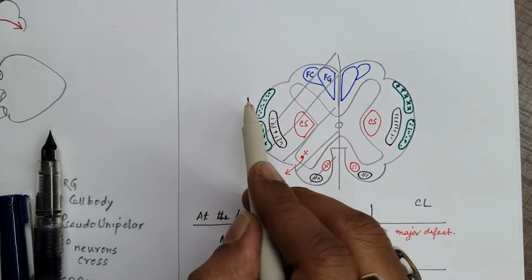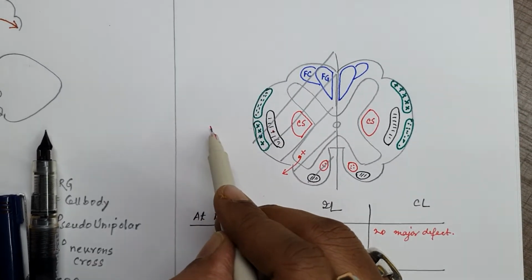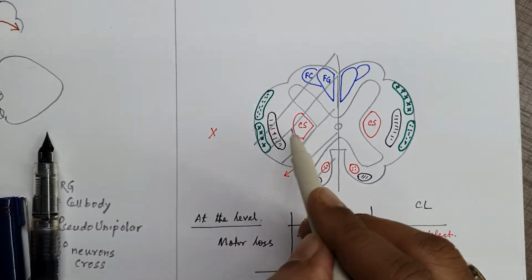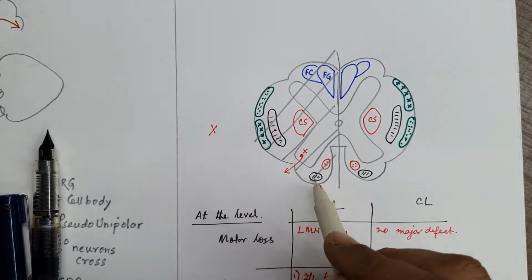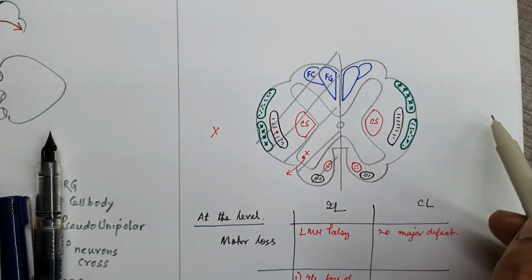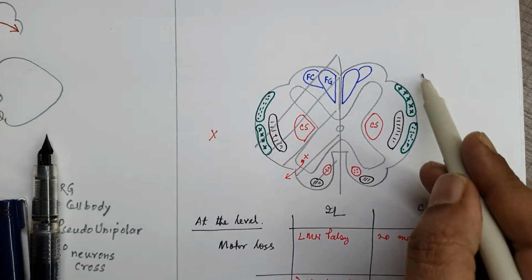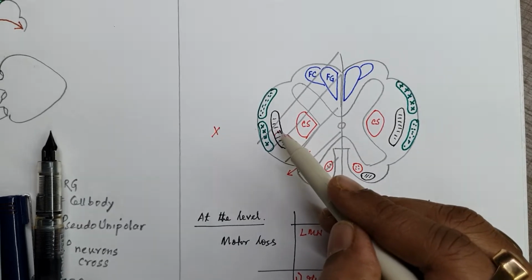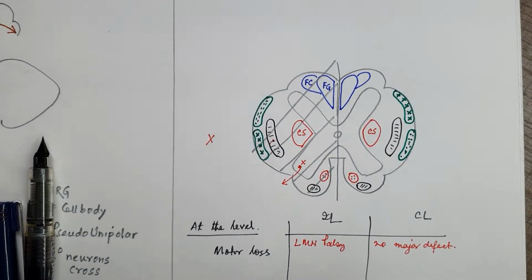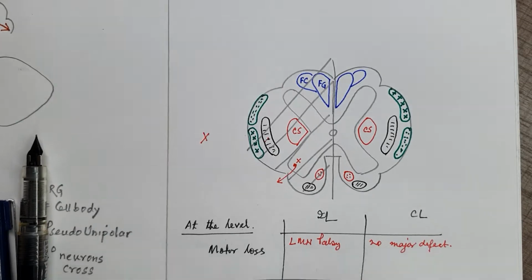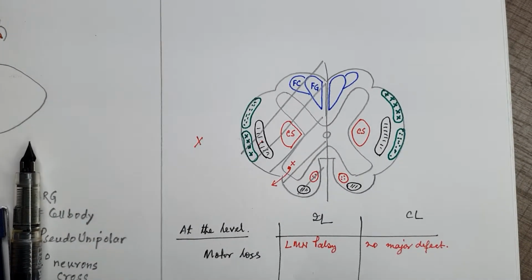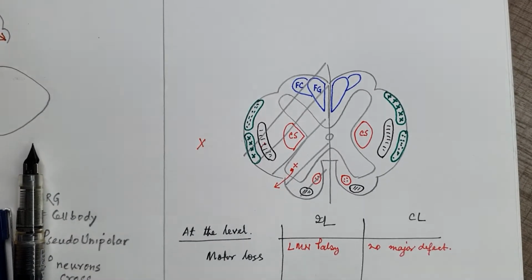So at this level, pain, temperature, pressure, touch sensation will not remain on this side, because the fibers of this side cross. So there is ipsilateral loss of pain, temperature, pressure, touch.